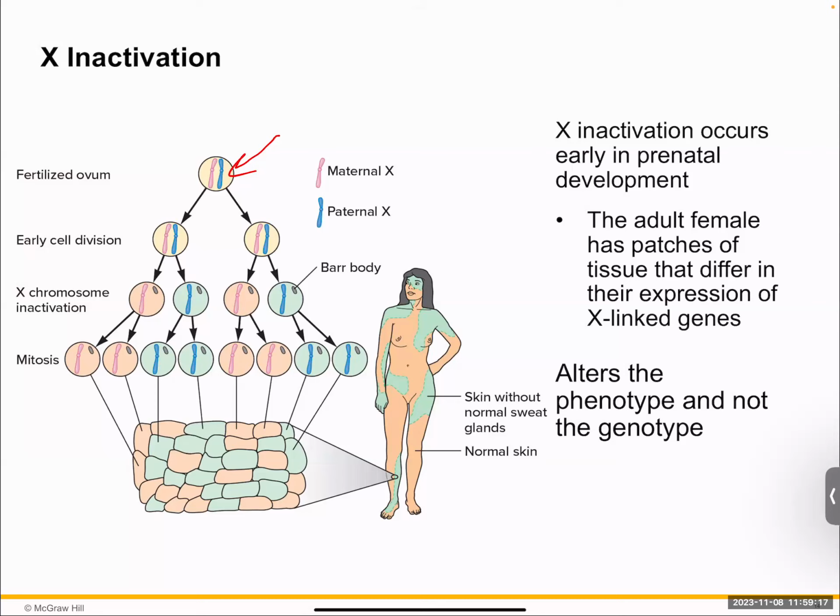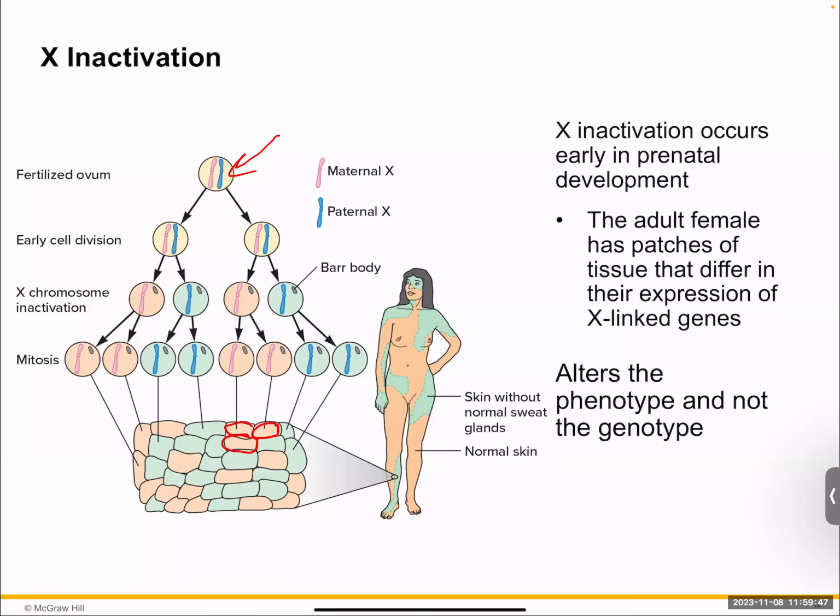So not every cell in the body, but some of the X chromosome copies will be silenced or inactivated. Now, as the process of mitosis keeps going on, the cells that do not have any inactivation stay normal. So these are the cells you see in that kind of orangish color.